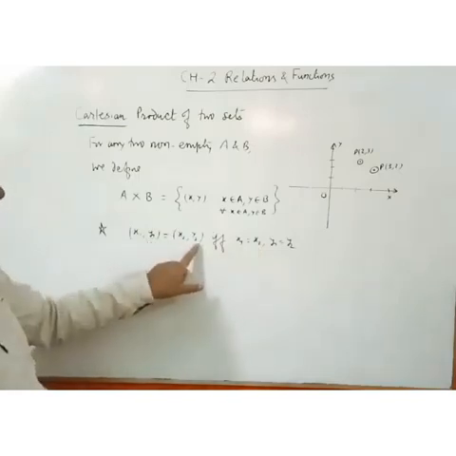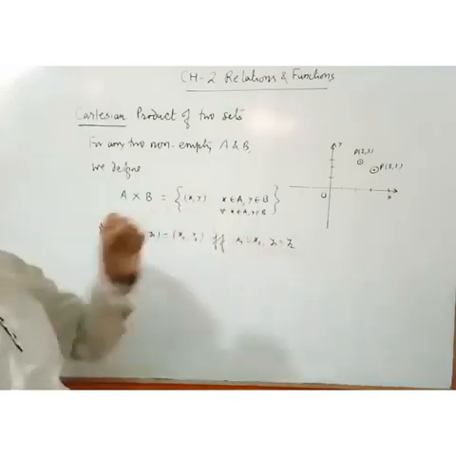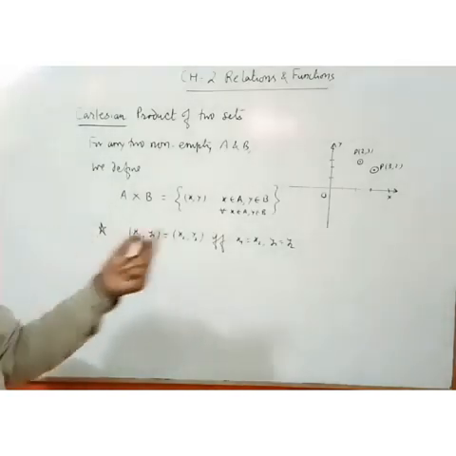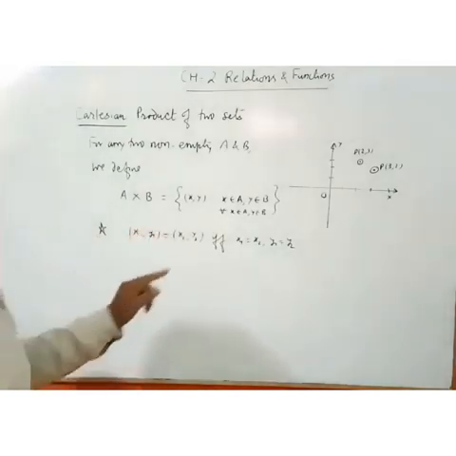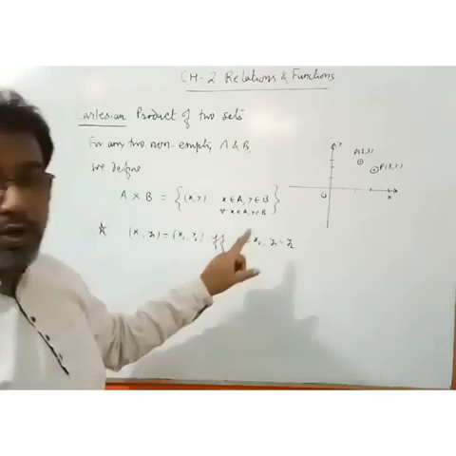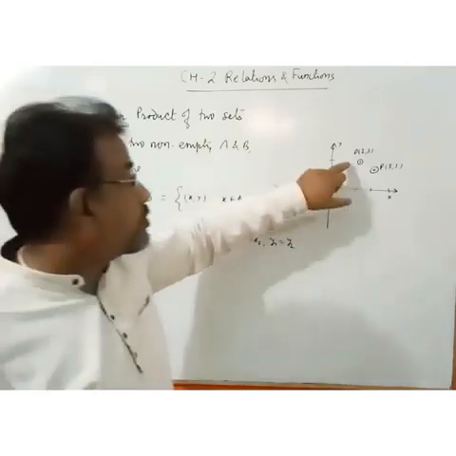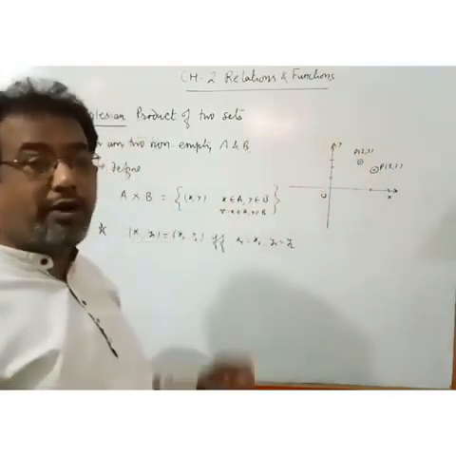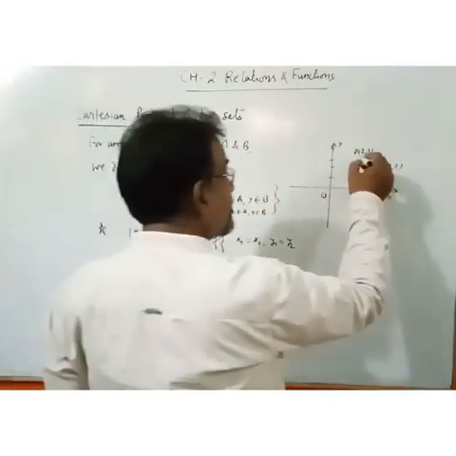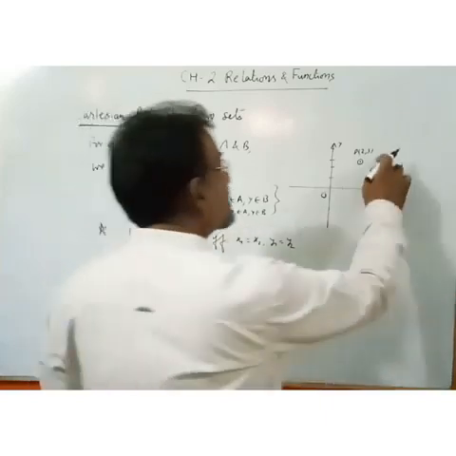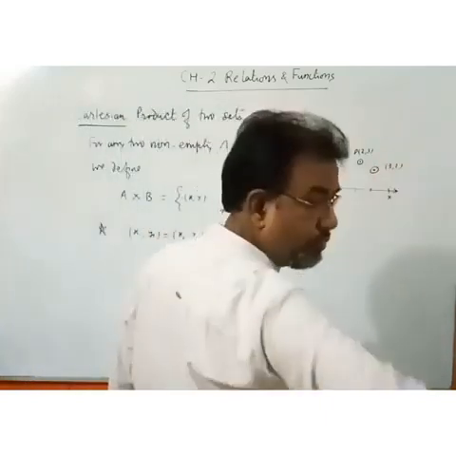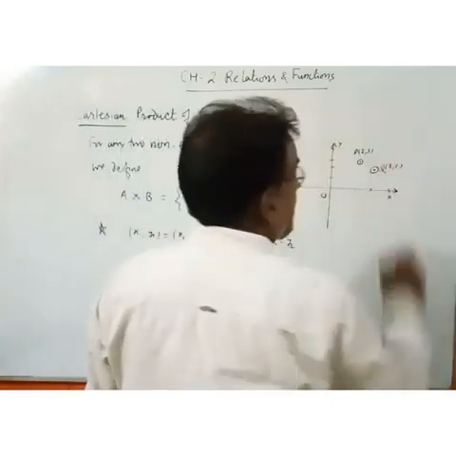The first coordinate should be equal to the first coordinate of the second point, the second coordinate should be equal to the second coordinate of the second point. And I hope it is understood. So x1 is equal to x2, y1 is equal to y2. (2, 3) is not equal to (3, 2) as they represent the positions of two different points.